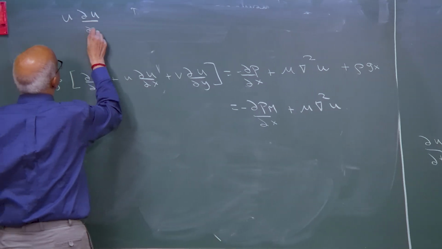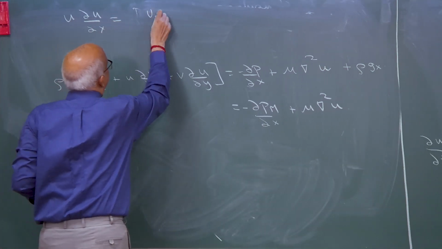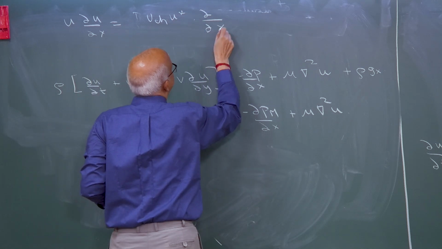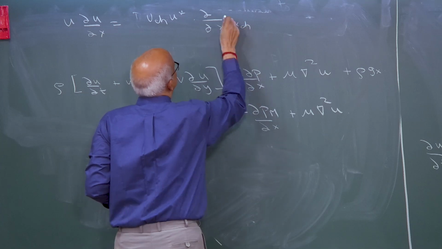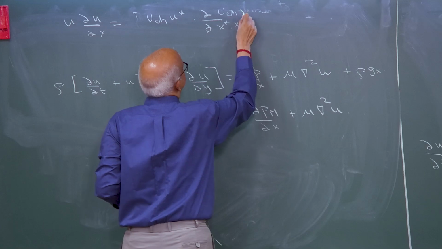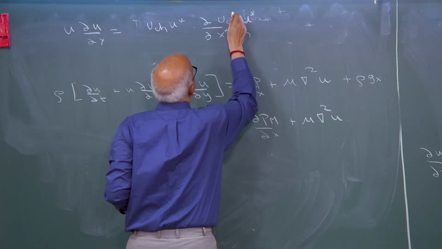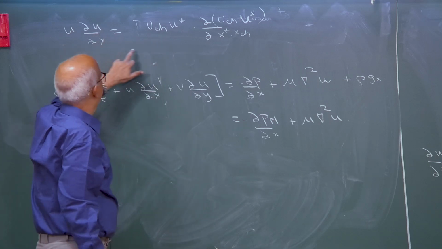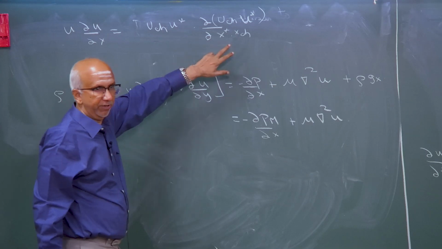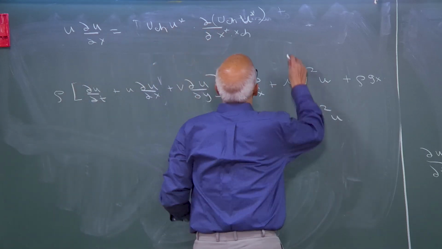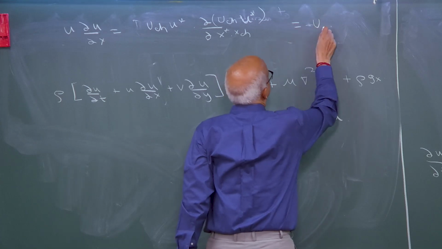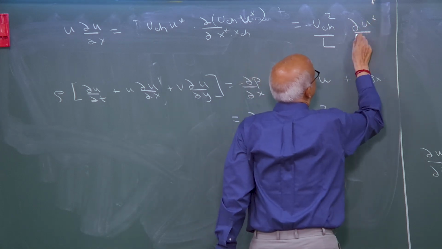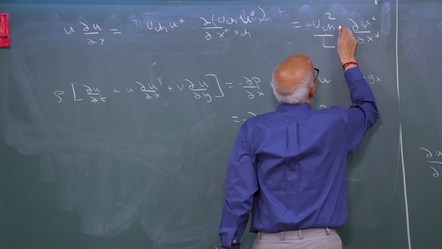So, what about u du by dx? This is going to be written as u characteristic times u star times d by d x characteristic x star times u characteristic times u star. So, u I am writing as u characteristic multiplied by u star everywhere, okay, and this can be written as u characteristic squared divided by L multiplied by du star by dx star multiplied by u star.